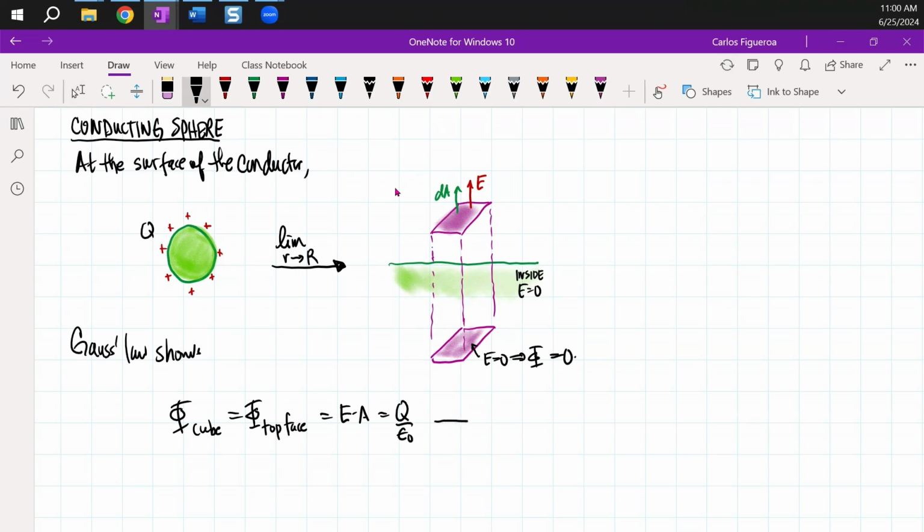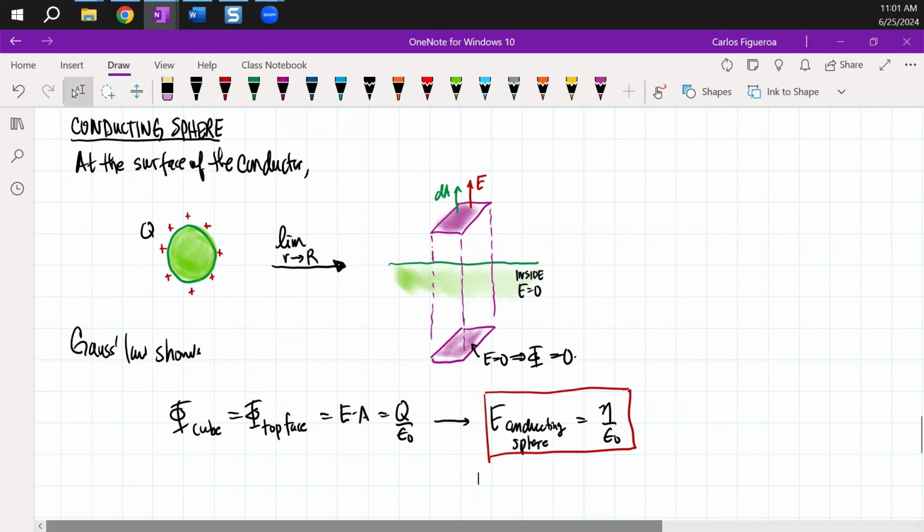In other words, for a solid conducting sphere, that field has to be eta over epsilon naught. Once again, that field is twice the strength of the infinite field, which is surprising.